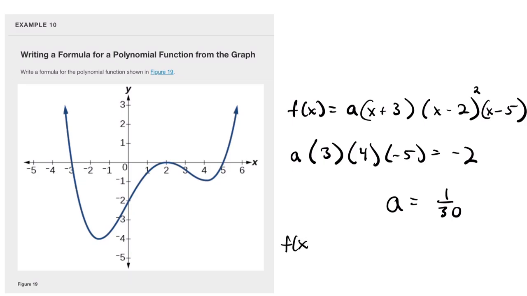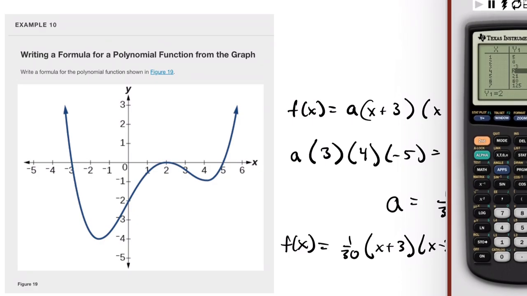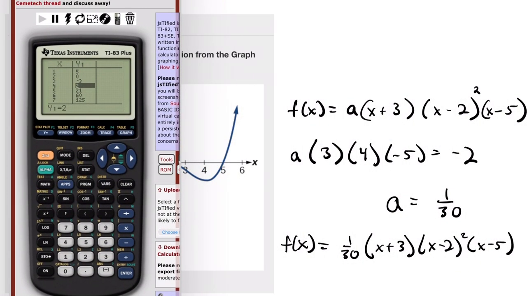So then this function potentially could be 1/30 times x plus 3, x minus 2, oh, wait a minute. Yeah. x minus 2 squared times x minus 5. Okay. Let's try this in our graphing calculator and see if we can compare.